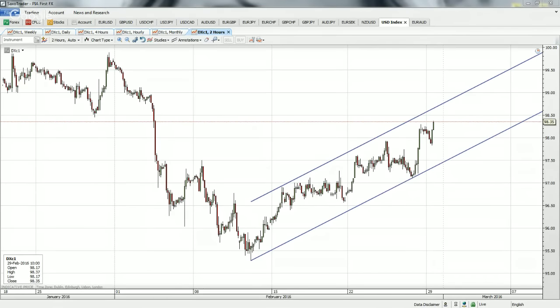We've got some Japanese figures overnight, and some small Aussie figures overnight. Tomorrow we've got the RBA statement about 3:30 in the morning. Then we've got some Swiss figures, European unemployment figures, but no real impact figures until probably tomorrow afternoon at 3 o'clock when we've got the ISM manufacturing figures. So this trend up until that point is probably going to stay in, okay? But we don't expect it to break much above this channel.